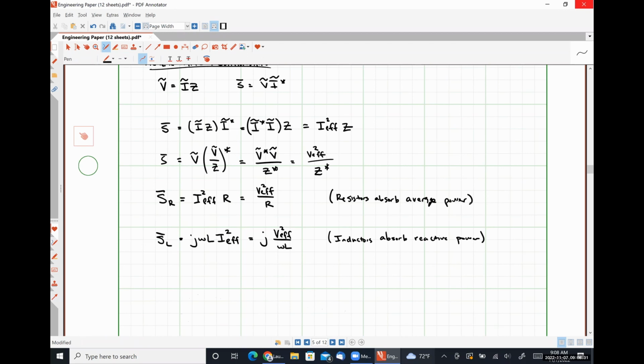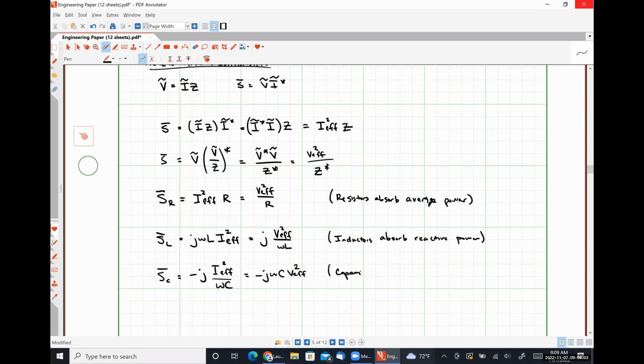Okay. Lastly, for capacitors, we're going to wind up getting negative j I effective squared over omega C, or negative j omega C times V effective squared.